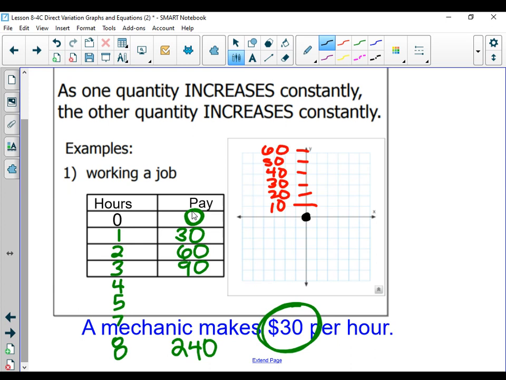But today, if he works 1 hour, he will make $30. And if he works 2 hours, he will make $60. That's as much as I can fit, but if you counted by something else, you might fit more.